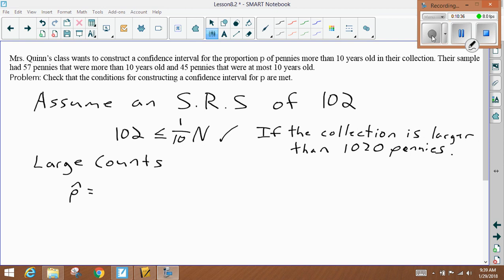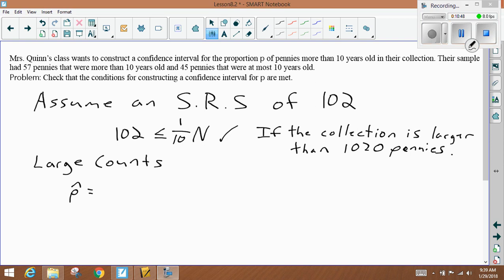Because what are we interested in? The proportion of pennies that are more than 10 years old. Okay, cool. So more than 10 years old, we had 57 over 102.